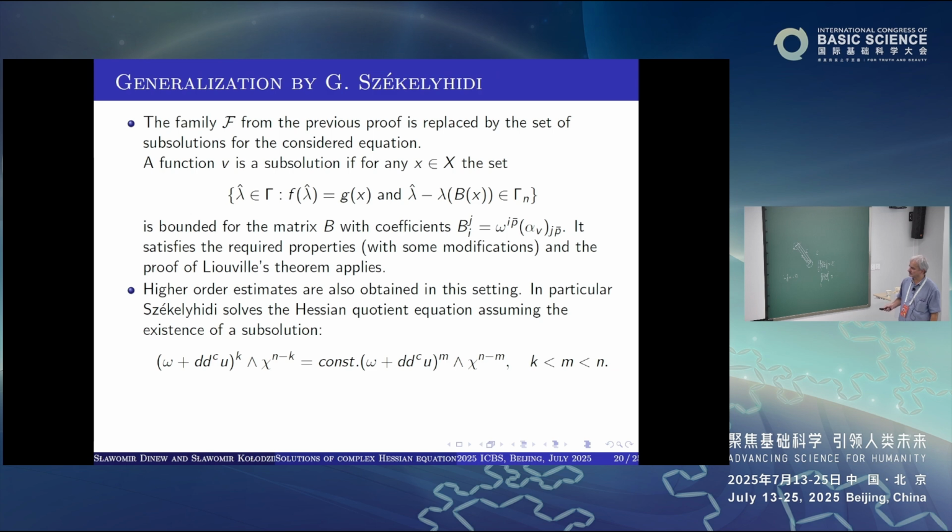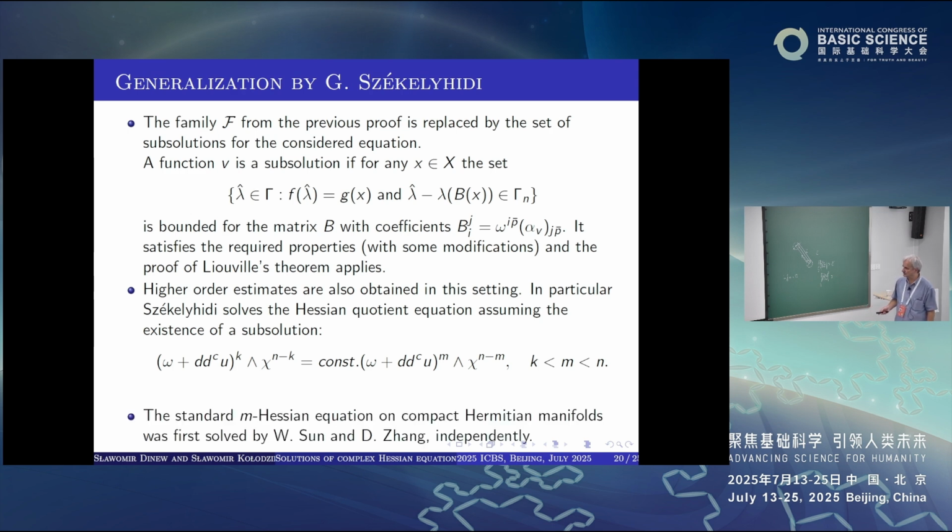This is the Hessian quotient equation in this Hermitian setting, but just for Hessian equations, the proofs were given by Wei Sun and Dekai Zhang before Gábor's work. So Gábor got in particular this, but also more general solutions of Hessian quotient equations.